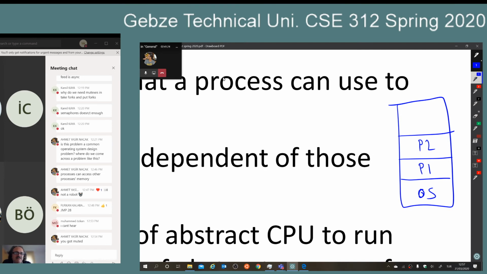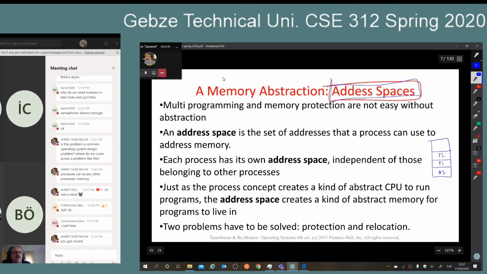That's what they think, because the operating system abstracts the details away and makes them believe that they have the whole memory to themselves. That's the concept of address space. Address spaces and processes are very similar: just as the process concept creates a kind of abstract CPU, address space creates a kind of abstract memory for programs to live in.